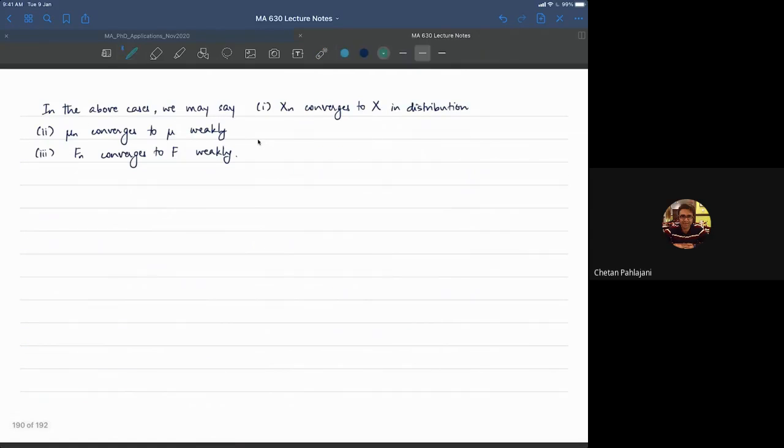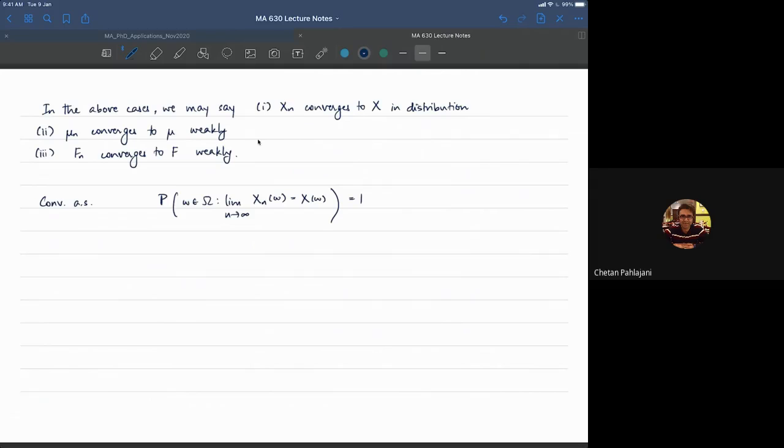Here's what I mean. In convergence almost surely, what was the requirement? The requirement was that P of the set of all omega in Omega such that the limit as n goes to infinity of xn omega equals x omega is 1. This was convergence almost surely.